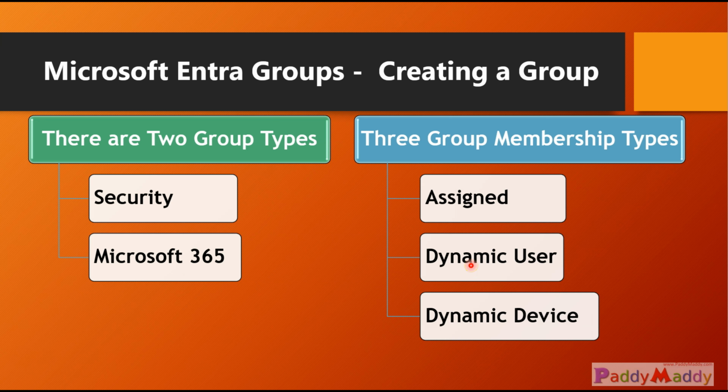Let's say if the department belongs to maybe project alpha or project beta, then all those users will be dynamically part of a group that you're going to create as a security or Microsoft 365 based group, so that you could collaborate or you could grant permissions if it is a security group.